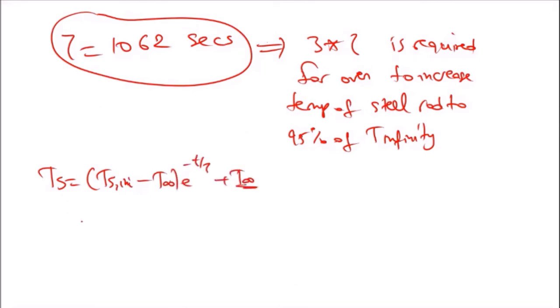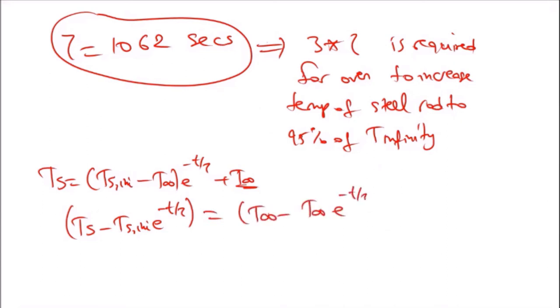I need T infinity, so I can write it as Ts minus Ts initial times e to the power of t by tau on the left part of the equation, and T infinity minus T infinity e to the power of negative t by tau on the right part.